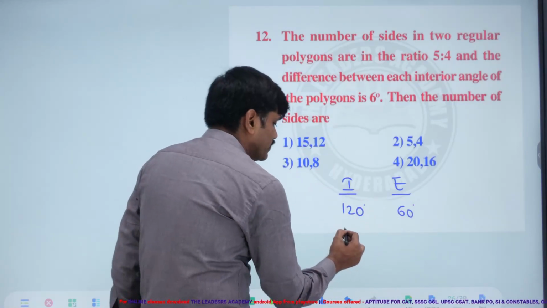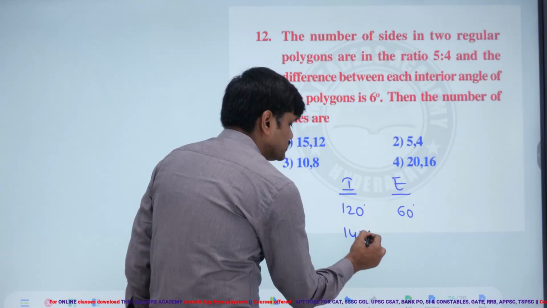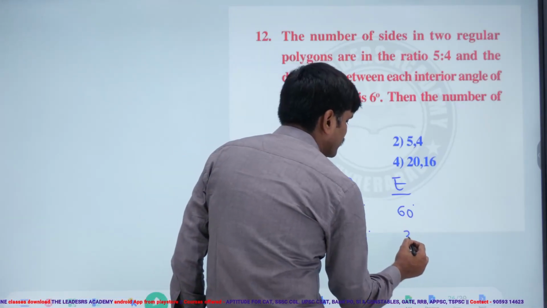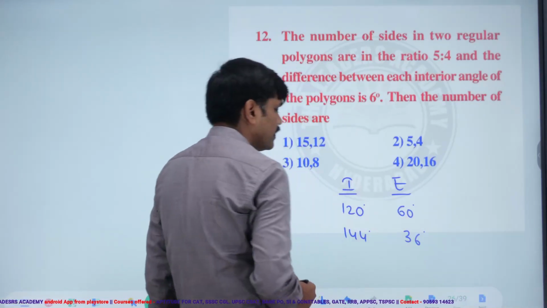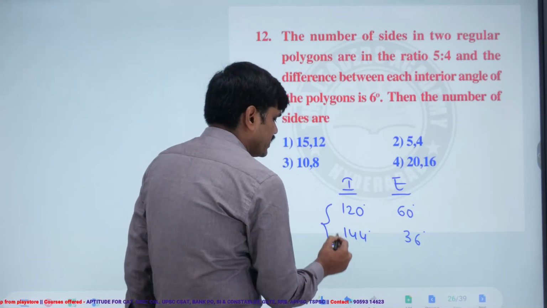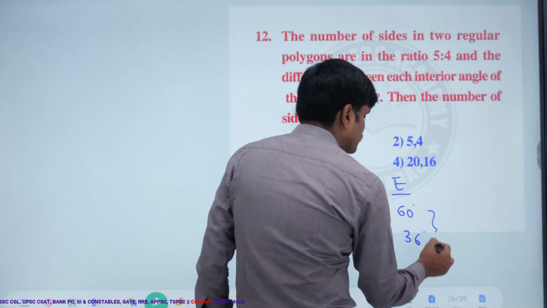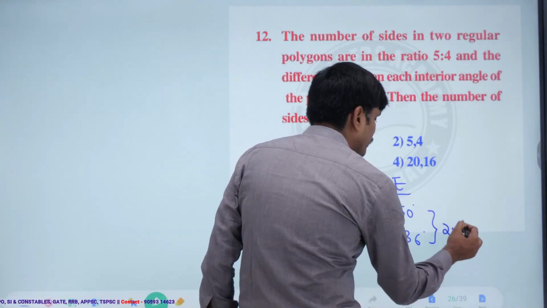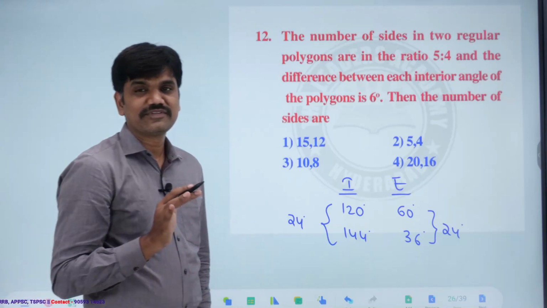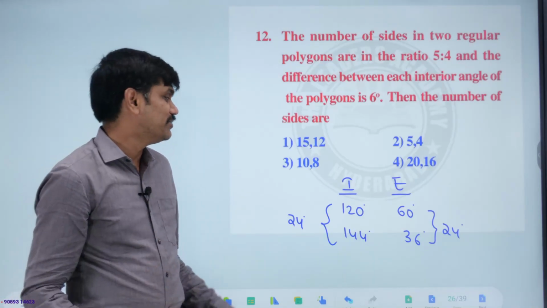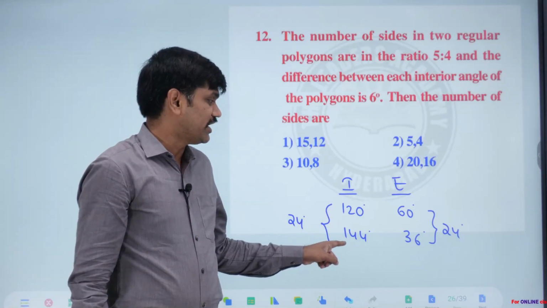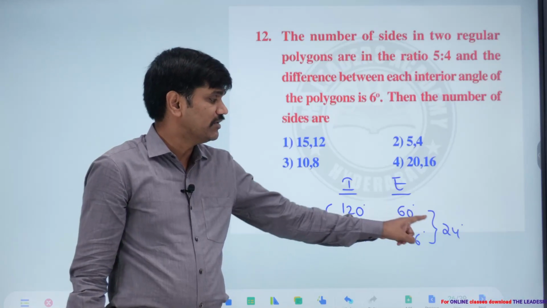If the interior angle is 144, let us say, the exterior angle will be what? 36. What is the difference between the interior angles over here? 24 degrees. The difference between the exterior angles is also 24 degrees. Accepted? Repeat: the difference between each interior angle and the difference between each exterior angle will be the same.